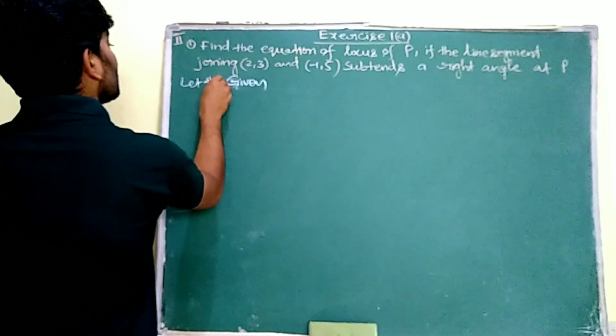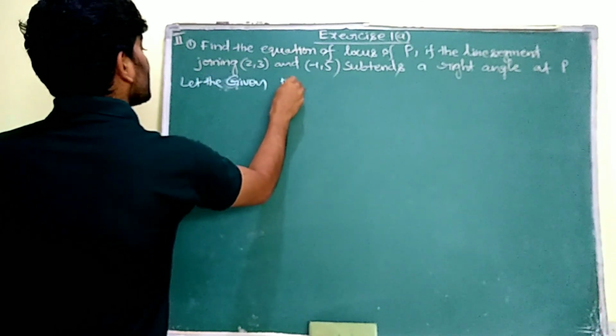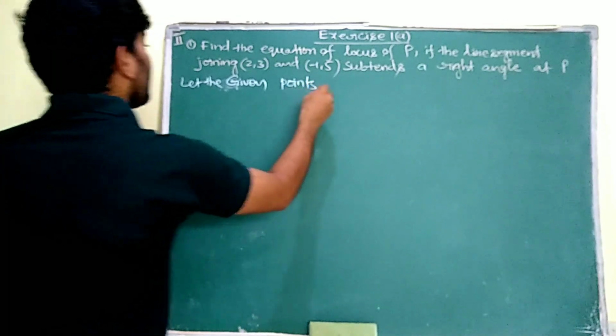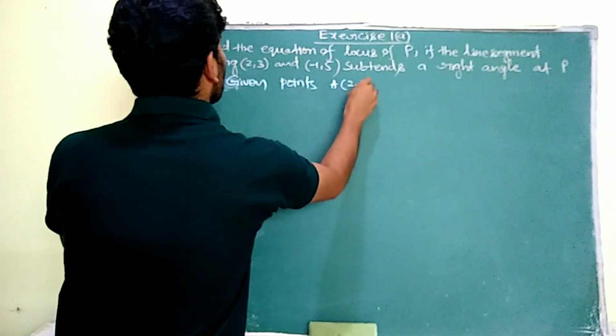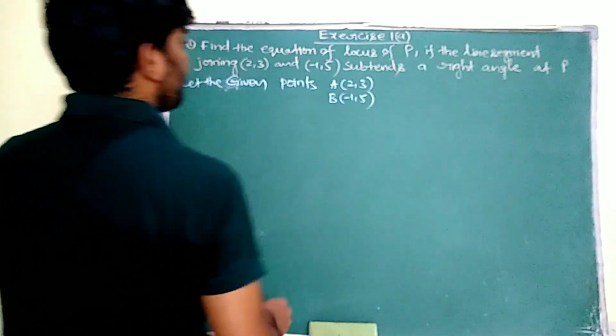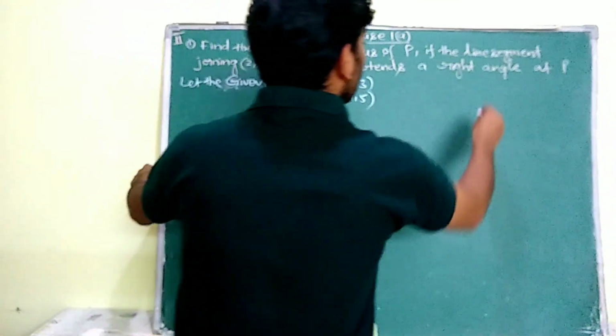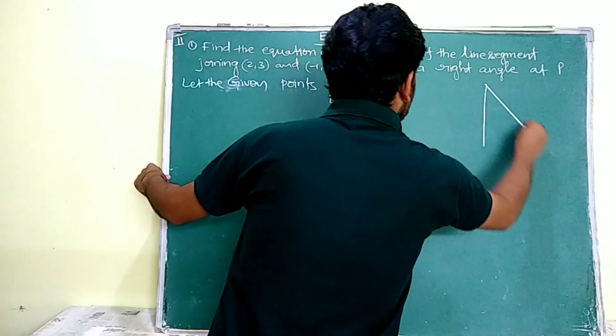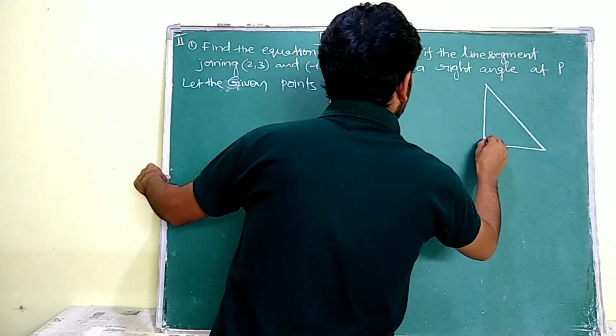Let the given points be A(2, 3) and B(-1, 5).